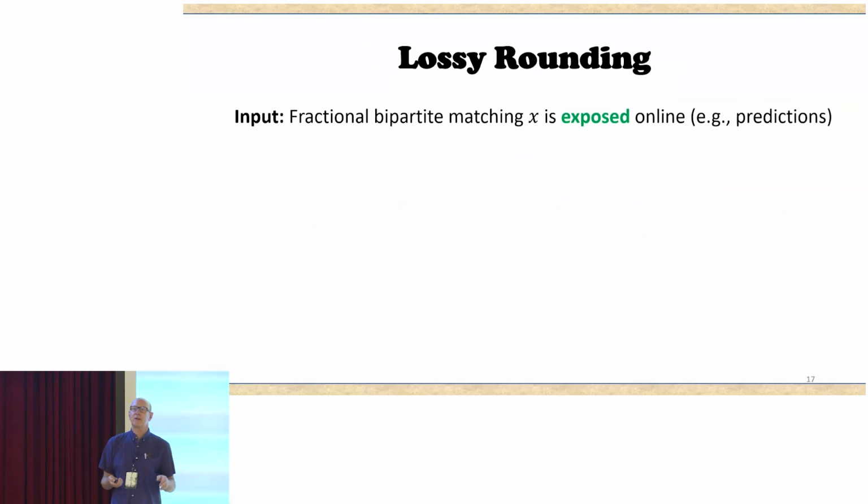Let's say that our input is a bipartite graph, as before, where one side is known in advance, and the other side is exposed one vertex at a time. However, this time, together with the edges which are exposed to us, we also get the fractional solution.